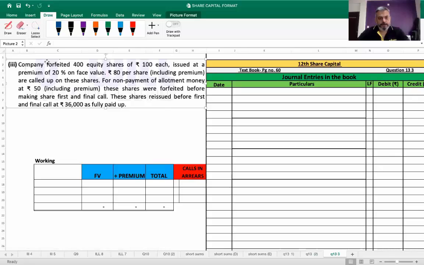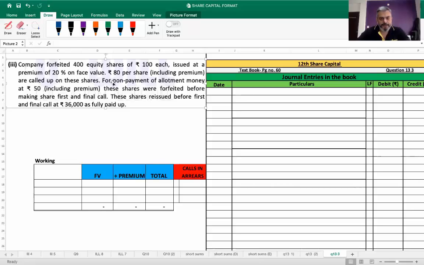Now over here company forfeited 400 equity shares of 100 each, issued at a premium of 20% on face value. So your 100 ka face value hai, 20% is the premium, so 20 rupees per share. Rupees 80 per share including premium were called up on these shares.